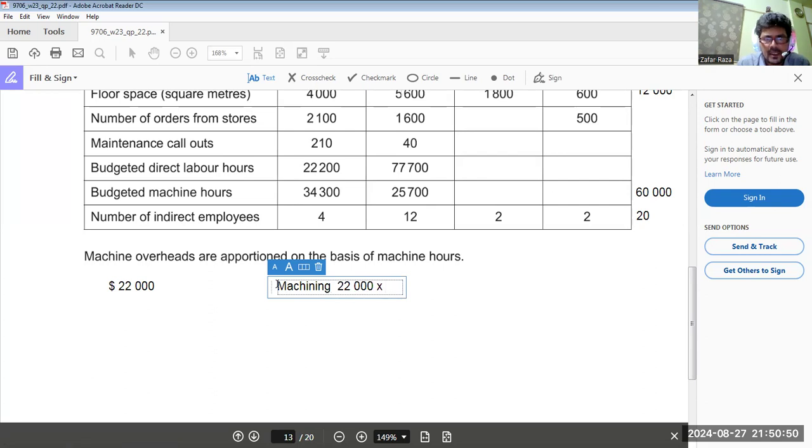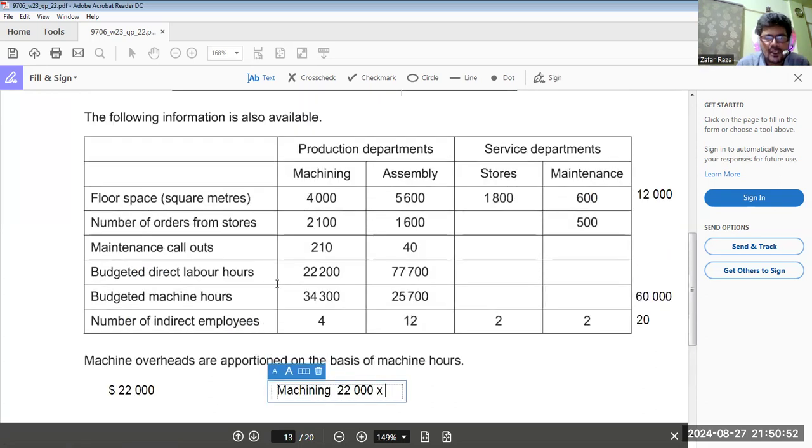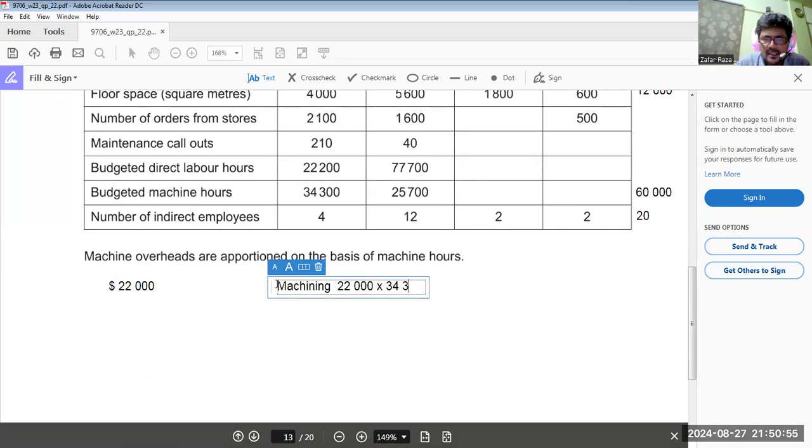The budgeted machine hours for the machining department is 34,300 divided by 60,000, the total machine hours. That would be 22,000 multiplied by 34,300 divided by 60,000. So that would be 12,576.6. So we'll write it as 12,577. We are giving it a round figure.